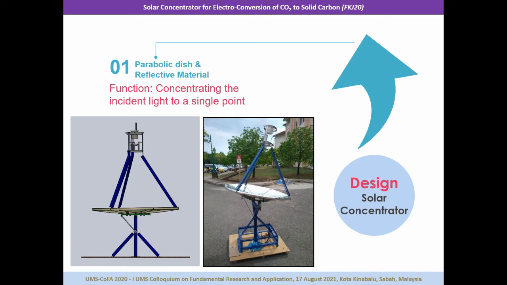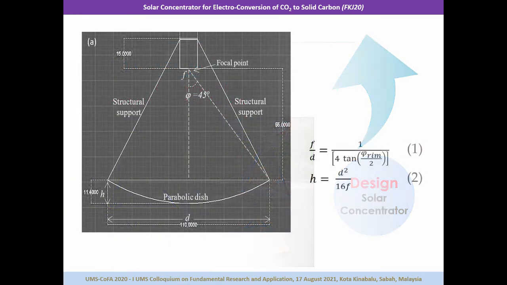The figure shown here is an example of the assembled parabolic dish and reflective materials that we have developed in FKJ. The function of this parabolic dish and reflective material is to concentrate the incident light to a single point.